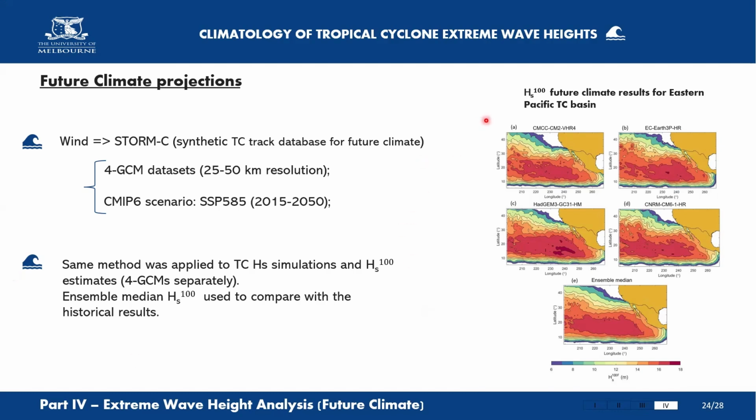In the pictures, we have the contour plot of the HGS 100 for each global climate model, and at the bottom we have the HGS 100 ensemble median used to compare with historical results. Example for the Eastern Pacific Basin.